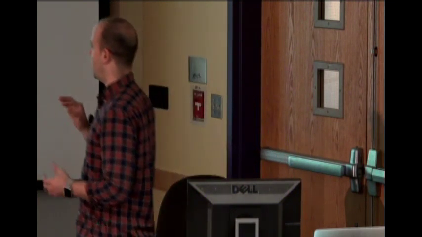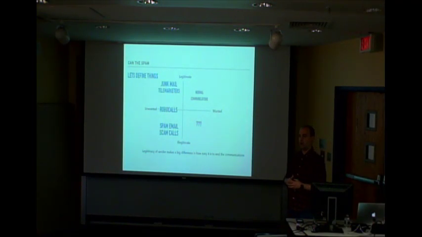So I want to define a little bit what we're talking about here, because I think there is a little bit of a misunderstanding about what spam is and how that is different from just general unwanted communication mediums.